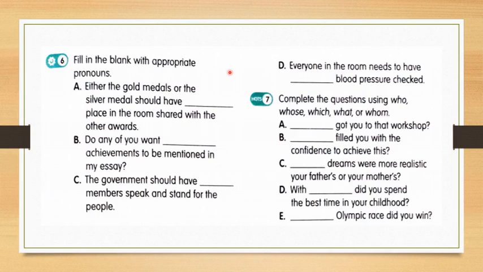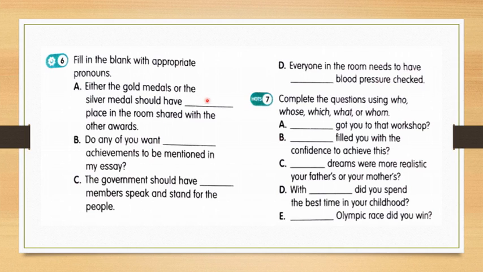Fill in the blanks with appropriate pronouns. Either the gold medals or the silver medals should have dash place in the room shared with the other awards. Should have its place in the room shared with the other awards.